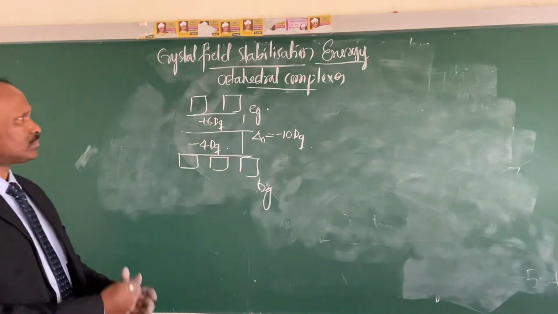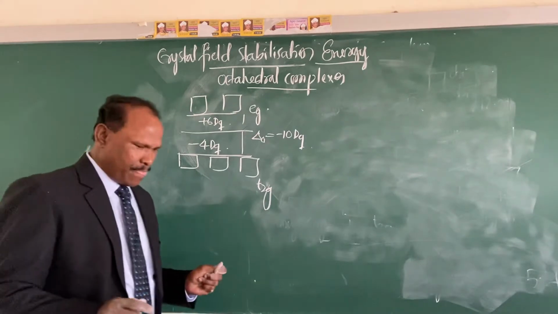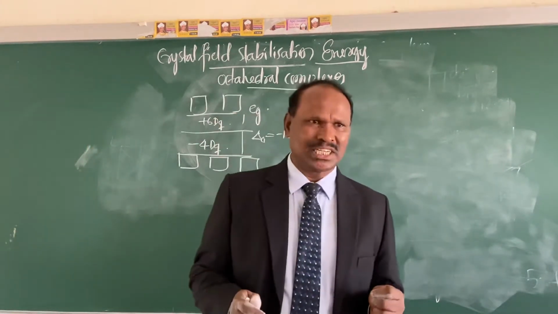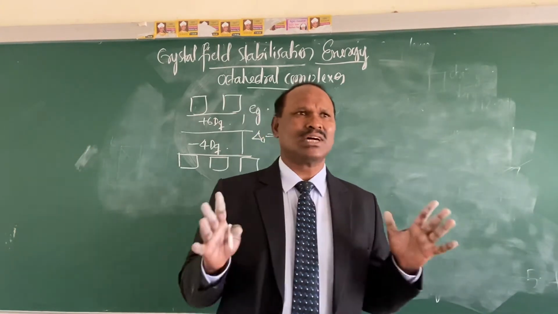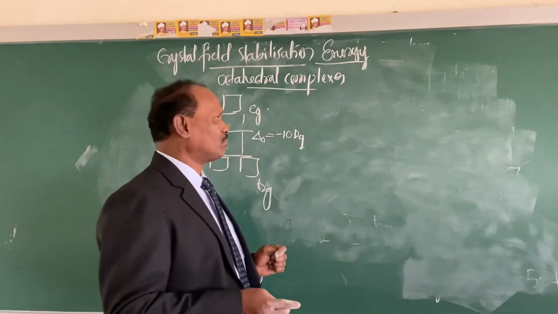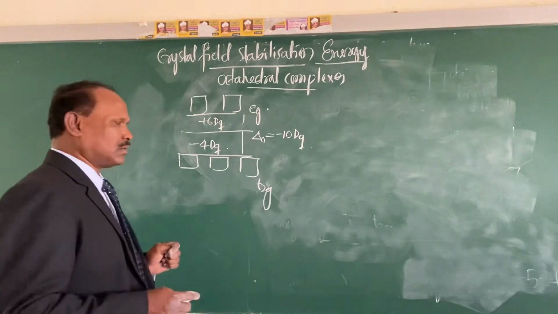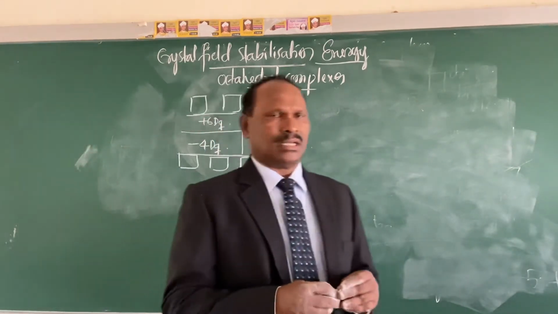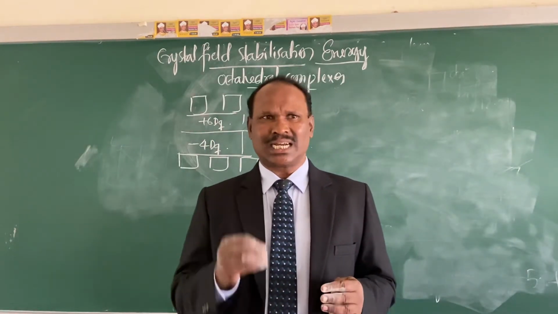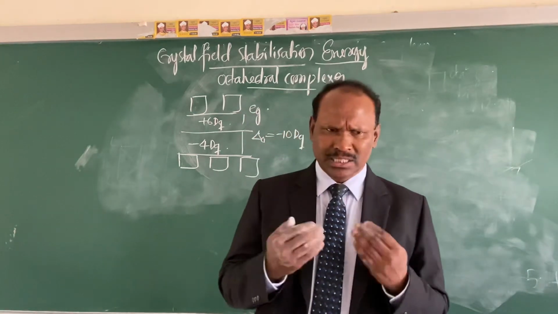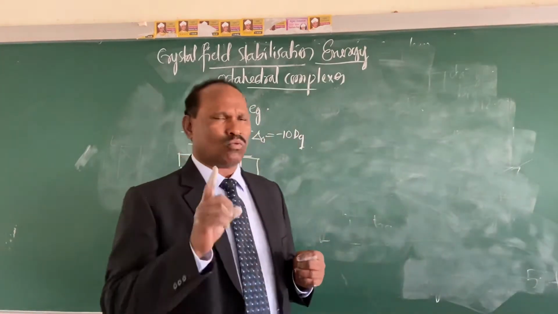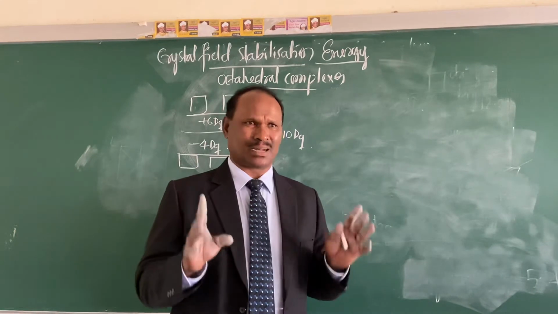Now, let us calculate the crystal field stabilization energy for a d1 system in octahedral complex. D1 system means that in the octahedral complex, the central metal ion has one electron in its d orbital.